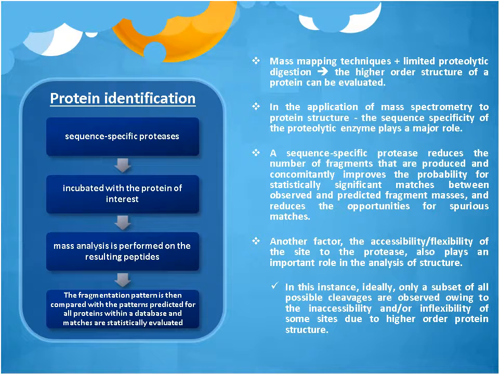Another factor is the accessibility or flexibility of the site to the protease, which plays a major role in the analysis of protein structure. In this case, ideally, only a subset of all possible cleavages are observed owing to the inaccessibility and/or inflexibility of some sites due to the higher order structure of the protein.